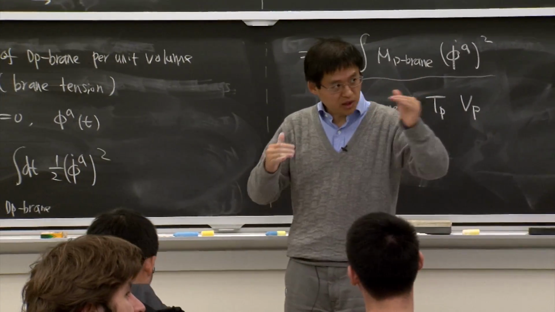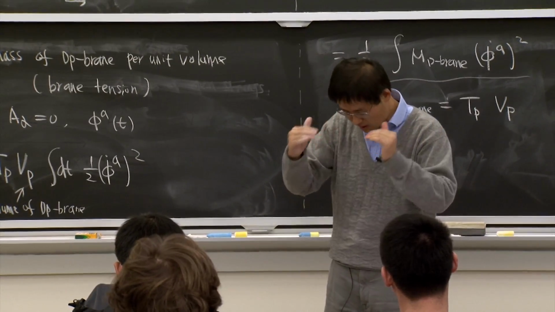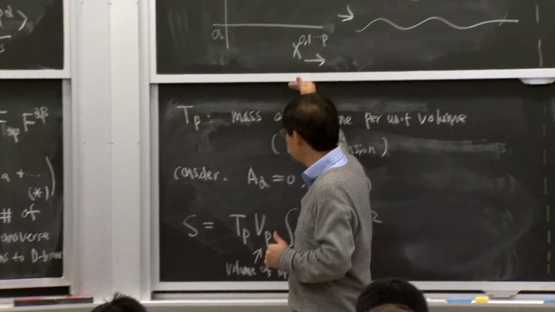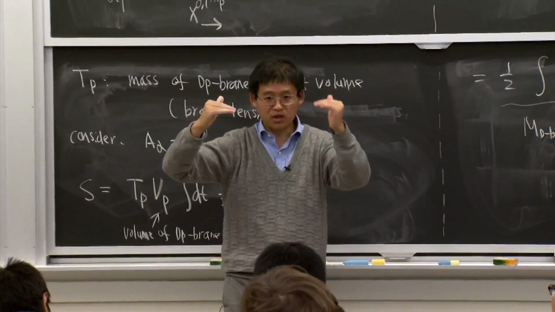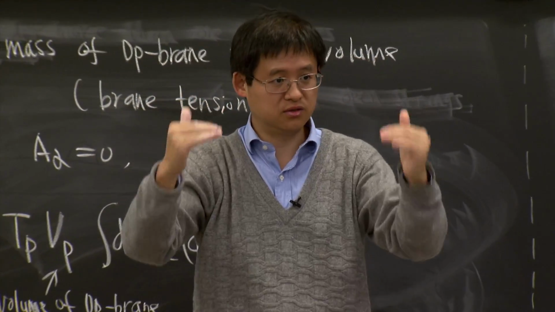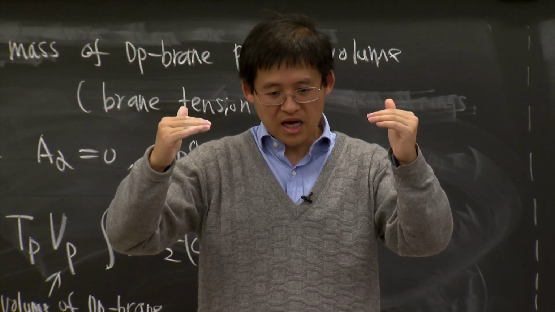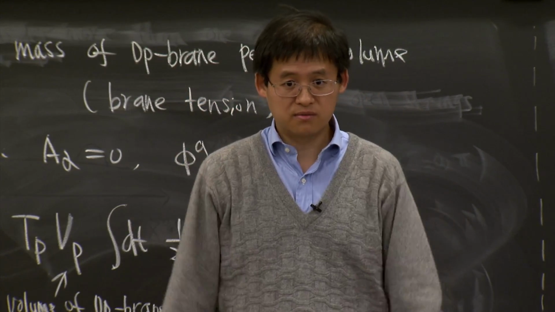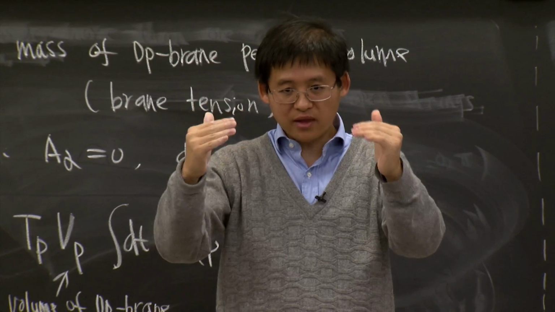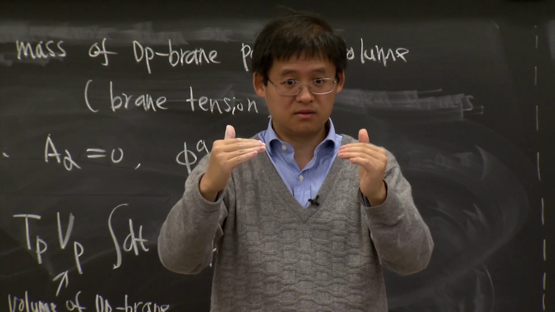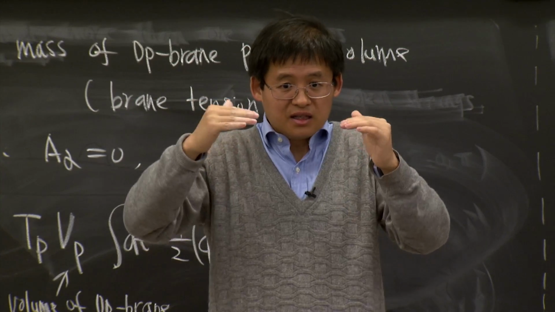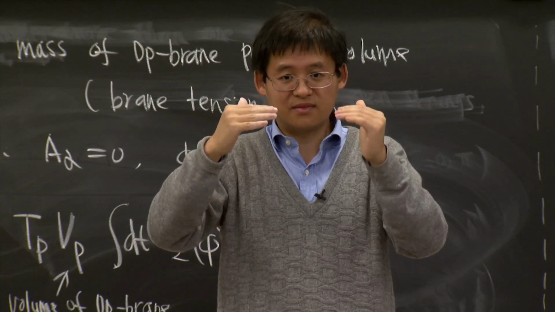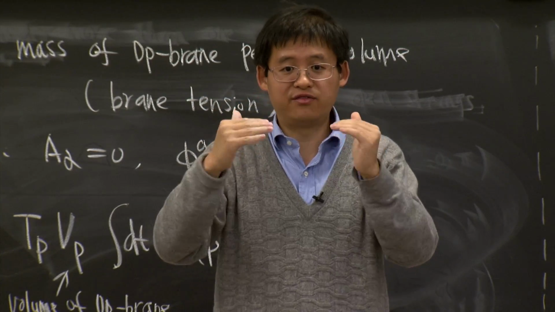I was going to say it at the beginning of next lecture, but now let me say it. At the beginning, you introduce the D-brane just by some rigid boundary conditions, and it looks like a non-dynamic object. But now, when you quantize the strings on those D-branes, you find that those strings give the D-brane itself dynamics.